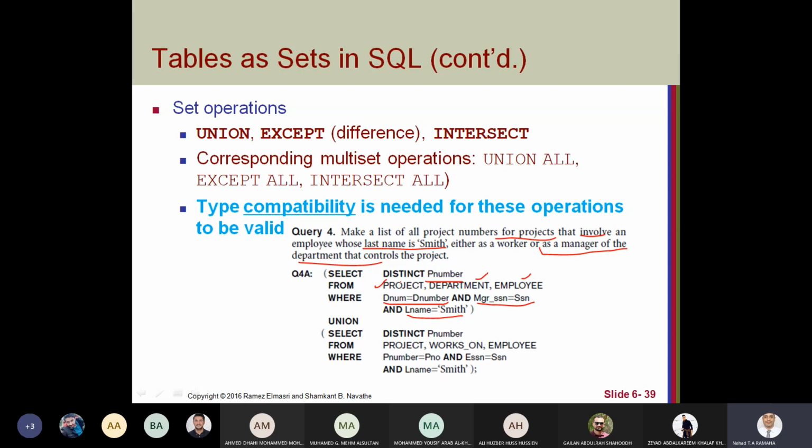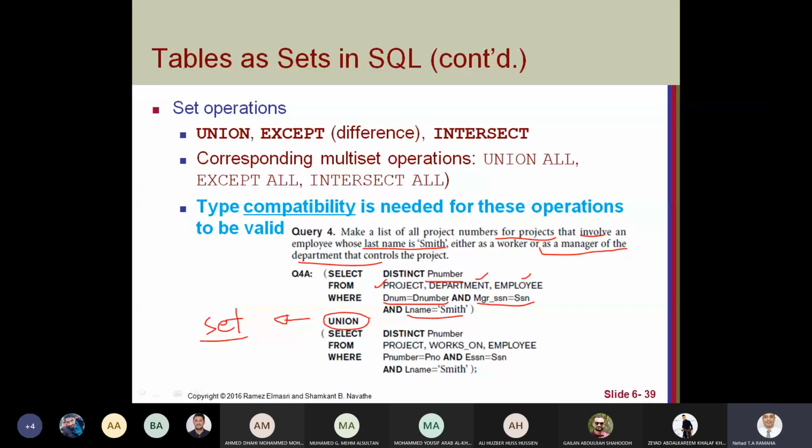We used distinct because we don't need repeated project numbers. Why? Because we're using union, not union all. If we use union all, it's okay to have repeated values. Union is between sets, so there should not be repeated values here and here, and the result will not have repeated values, of course.